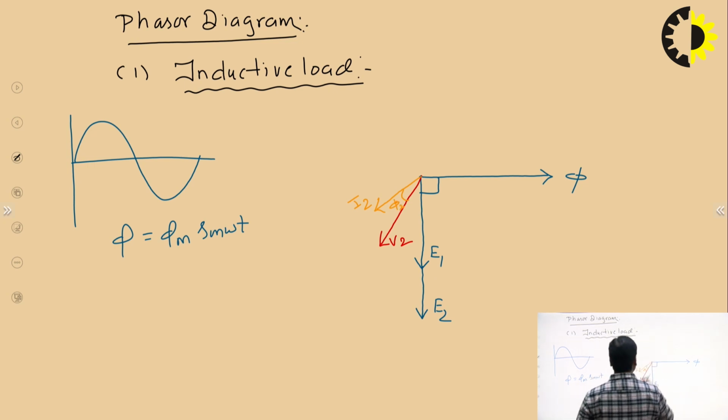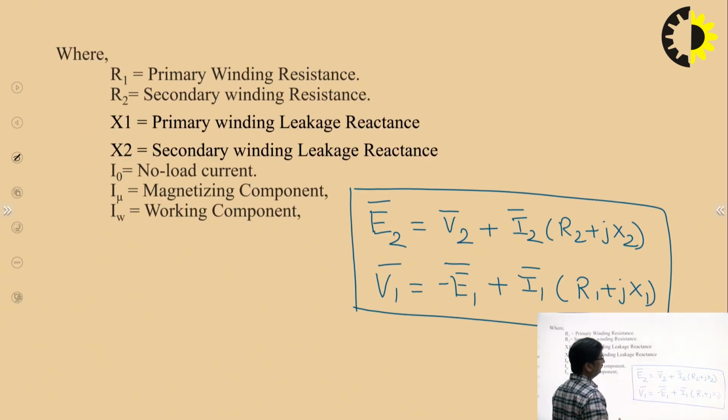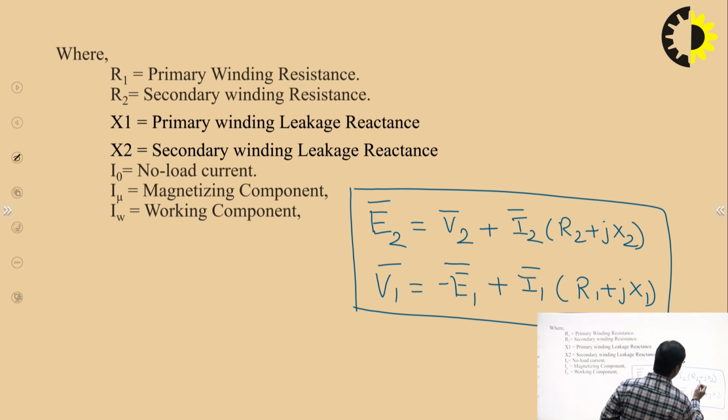So I2 is the current going through the load, and V2 is the voltage across the load. The next job is to find the voltage drop, I2 into R2 and jX2.